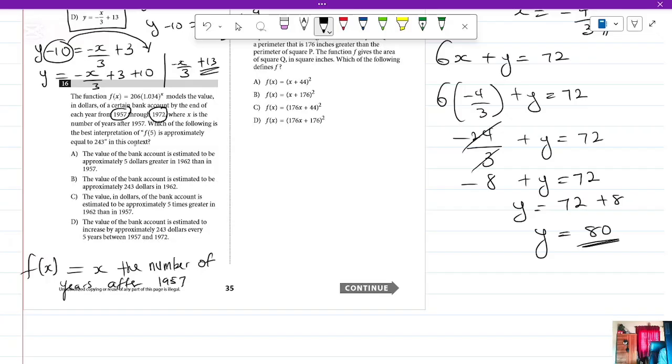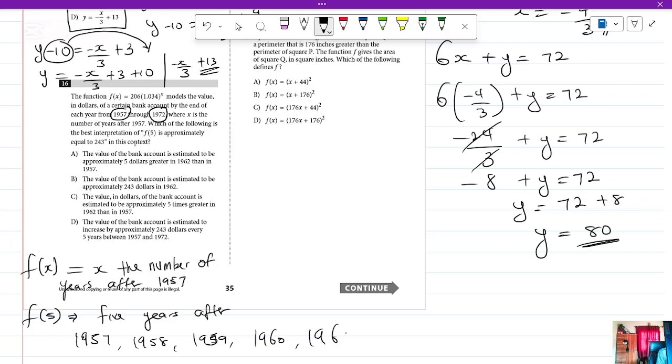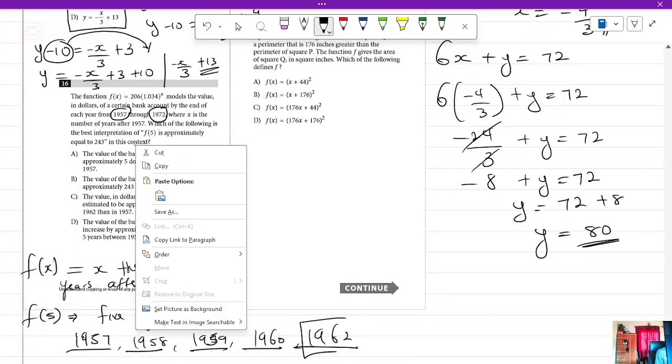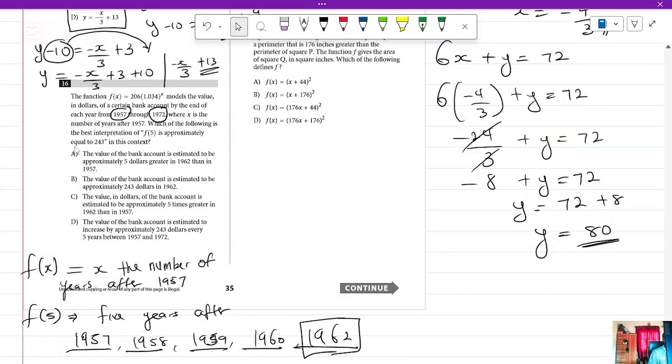Now, for f of 5, that means 5 years after 1957, which will be 1958, 1959, 1960, 1961, 1962. So we look at it: 1, 2, 3, 4, and 5. So that is after 5 years, so 1962.